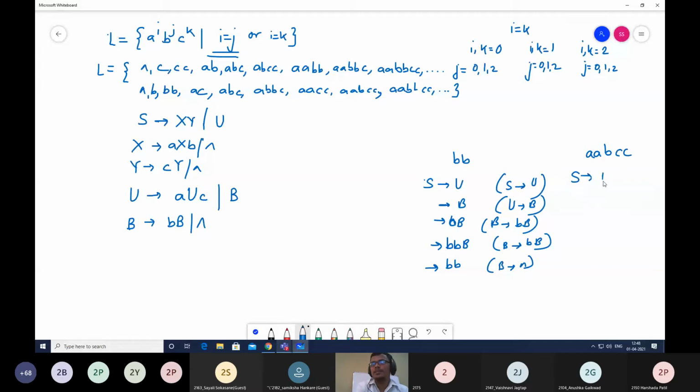First I'll apply S gives U, then U gives AUC, so I get my first A and first C. Then again I apply U gives AUC, so I get my second A and second C. Now I need B's in between, so I jump from U to B using U gives B. Then I apply B gives BB, so I've got the middle B also, and then B gives null.